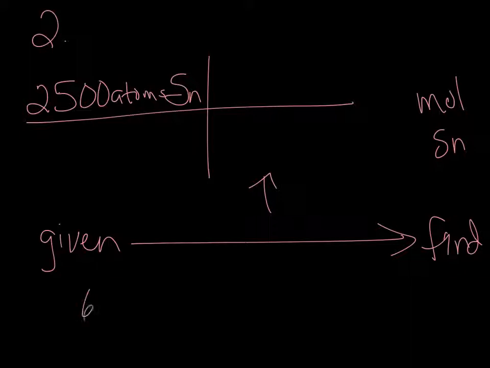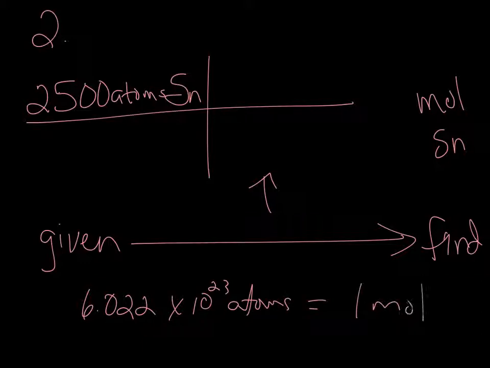How many atoms? 6.022 times 10 to the 23rd atoms is equal to 1 mole of anything, right? This number is always. I was getting grams. That number on the chart is grams. So I caught myself, so hopefully you catch yourself when you do those things. It happens even to the best of us. Okay?